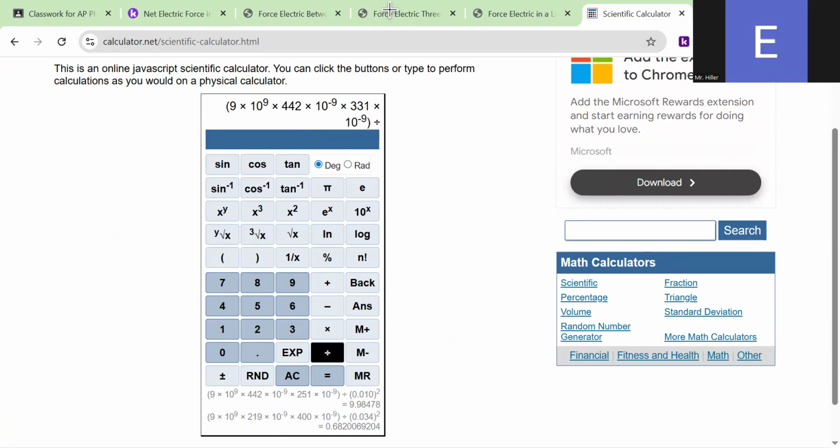Close parentheses, divide, open parentheses, the distance between them is 18 millimeters or 0.018 quantity squared. And I'm getting about 4.06.